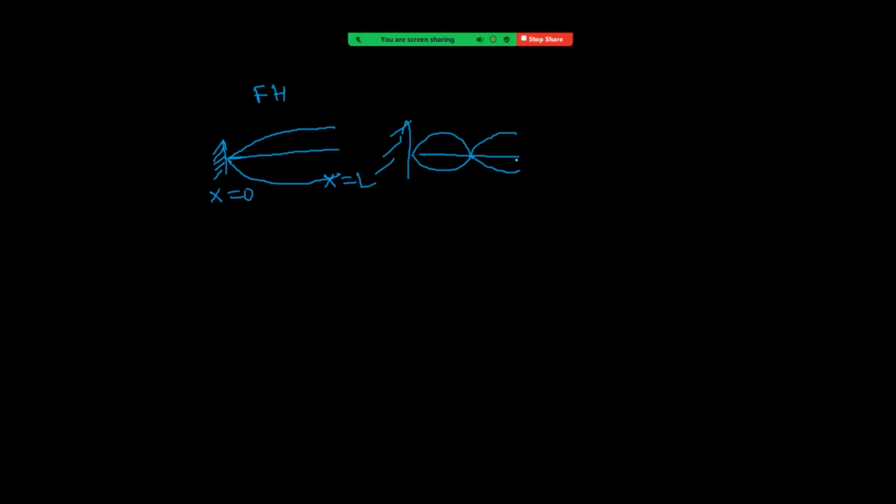And the next one, two complete loops and one half loop, is the second overtone. This is known as the third harmonic, and this is known as the fifth harmonic, right?